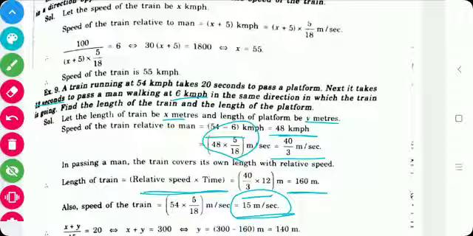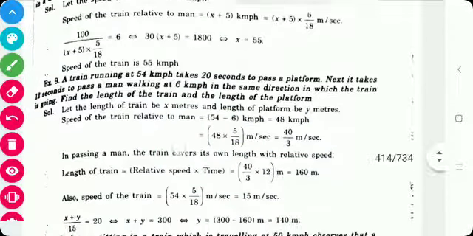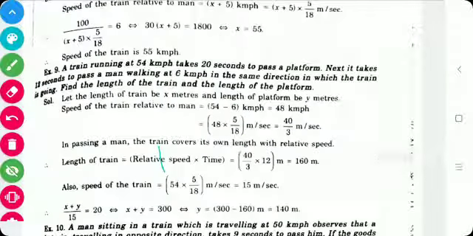Now, the train requires 20 seconds to pass a platform. Okay, so we will write the equation: x plus y upon 15 is equal to 20. Here x plus y means the length of the train as well as the length of the platform, divided by the speed 15, equals the time 20.